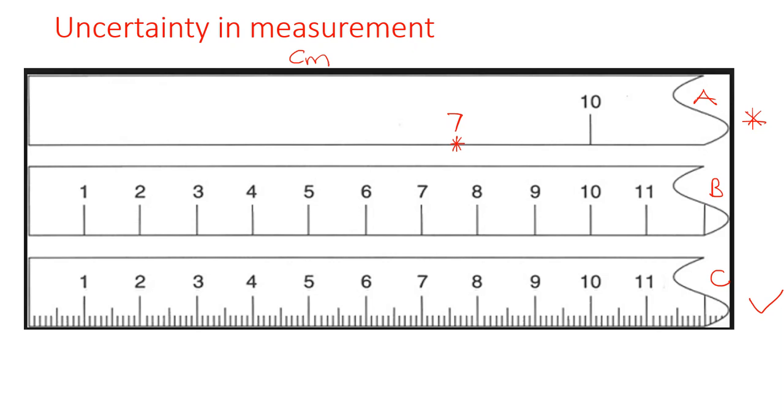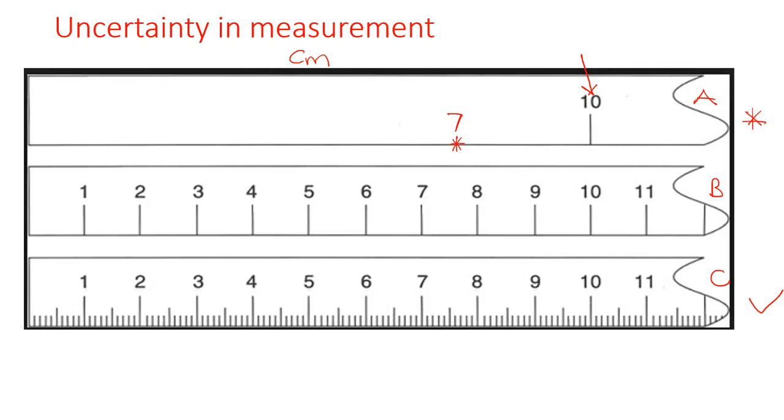Now, to obtain the uncertainty of this point, you go to the smallest measurement that you get, or your smallest division. In this case, the smallest division is 10.